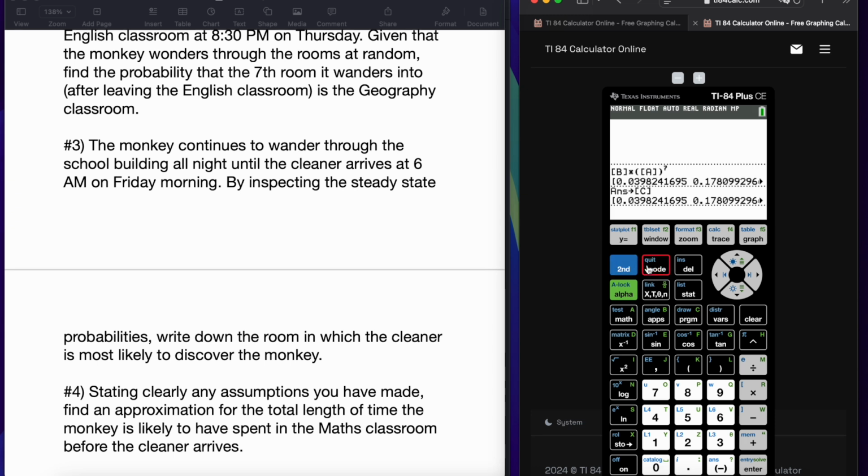So I'm going to exit out of here. I'm going to go to matrix B. So this is our initial state matrix. And then I'm going to multiply it by a large power of the transition matrix.